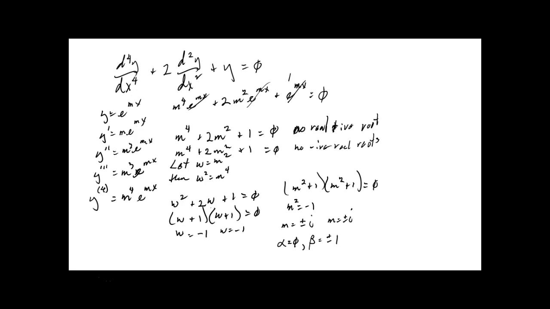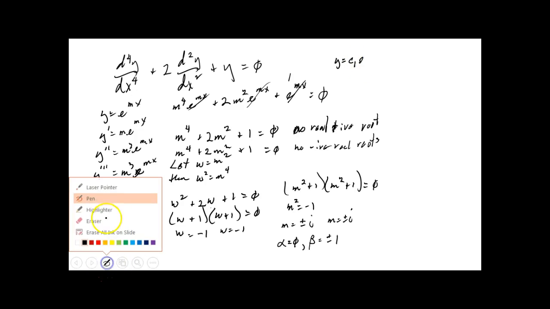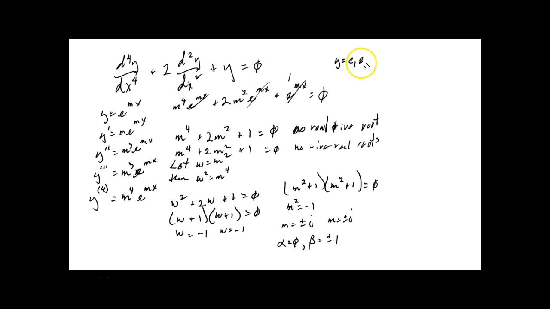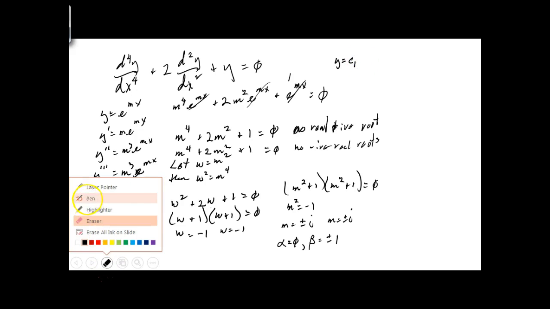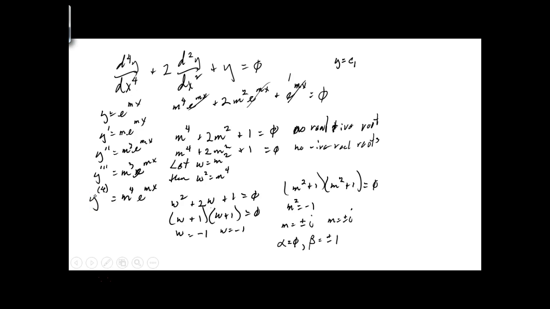So y is equal to C1 e to the alpha x, but alpha is 0, e to the 0 is 1, so you don't put anything there.